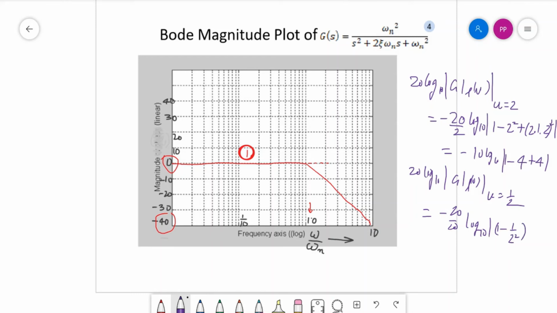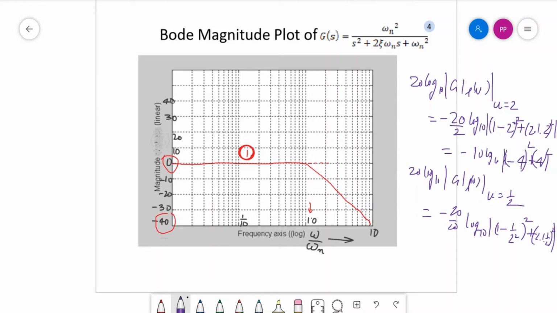Sorry, here this should be u square in front, 1 minus u square whole square, and this should be 1 minus 2 square whole square. This should also be whole square. So you have to solve it. And similarly here, 1 minus square whole square, plus 2 into 1 into 1 by 2 whole square.